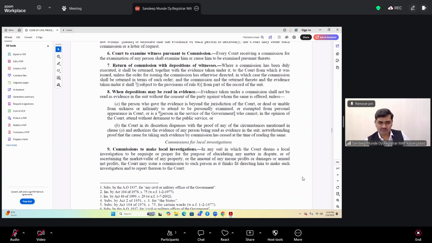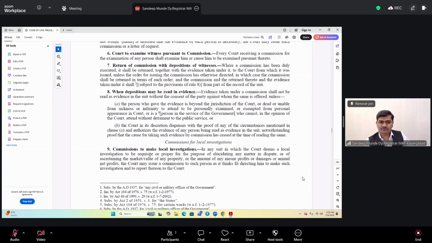The second and most important thing under Order 26 is Rule 9, that is, commission for local investigation. If the suit is for encroachment or trespass or any other purpose, to make the correct thing or to know the crux of the matter, this provision, Order 26 Rule 9, will help for the local investigation.